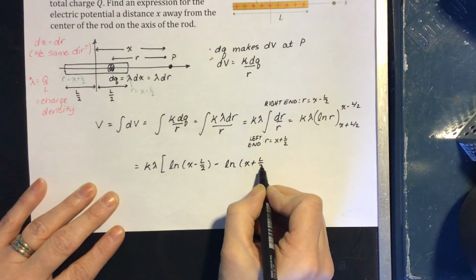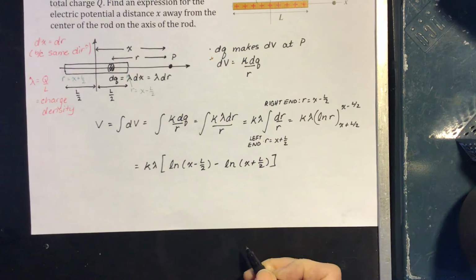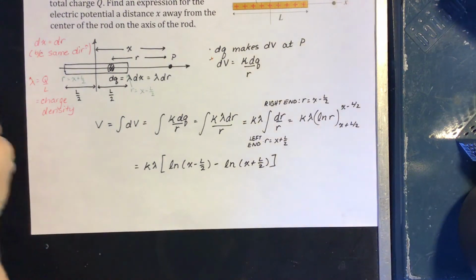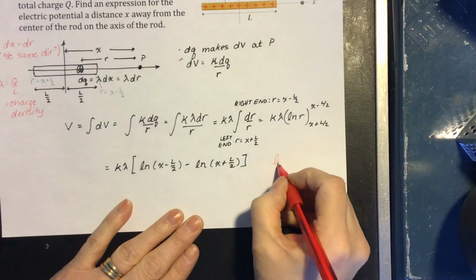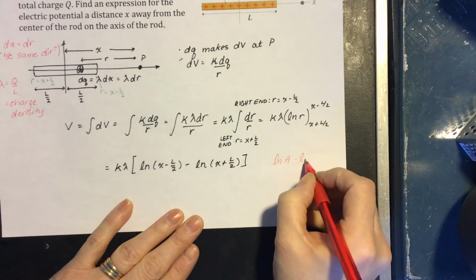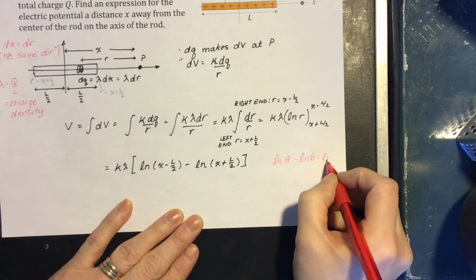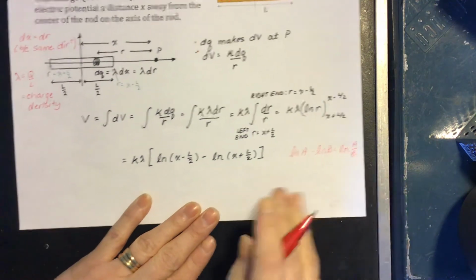We could leave our answer like this if we wish, or we could use the identity that the natural log of a subtract the natural log of b is the natural log of a divided by b. That'll simplify our expression a little bit, so let's go ahead and use that.